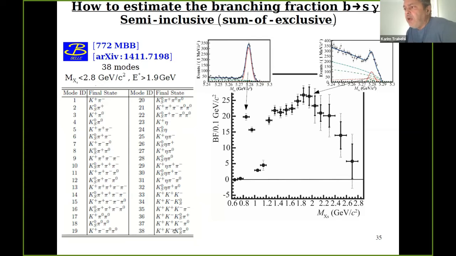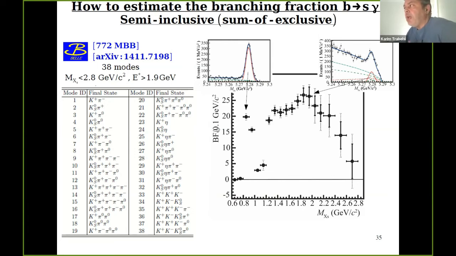And you see here a list, for example, in this Belle measurement in 2014, where actually they had 38 modes and obtained the result.